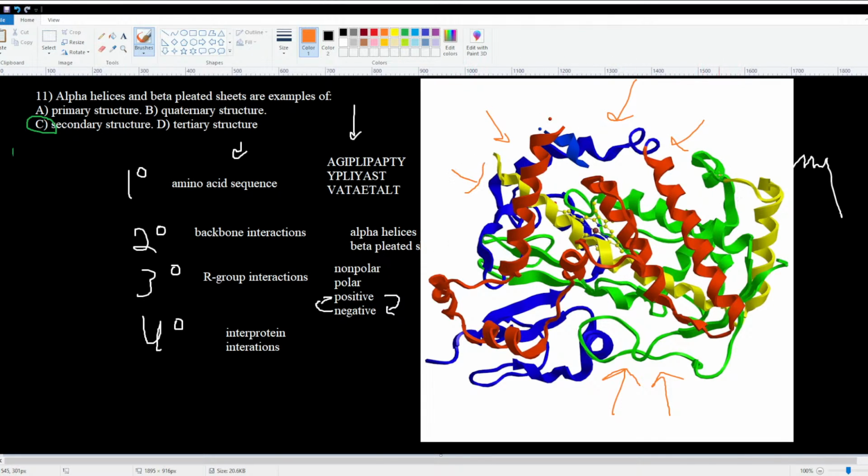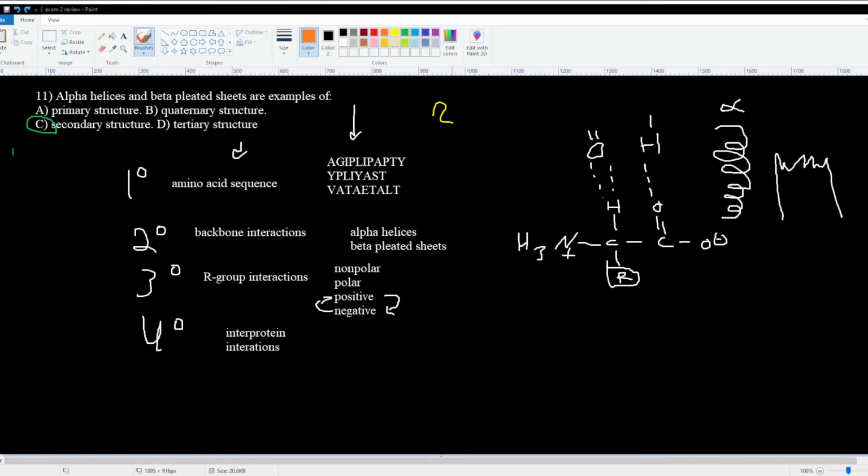So we have different groups. Red would represent a polar sequence of amino acids, blue would represent a non-polar, or yellow, that sort of thing, right? So this is your R group interactions. That's how proteins fold on an even grander scale.